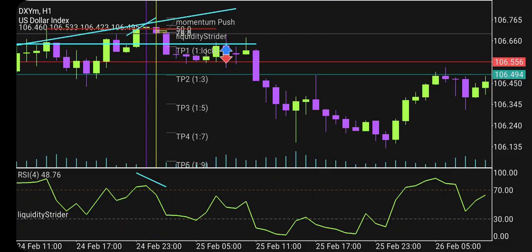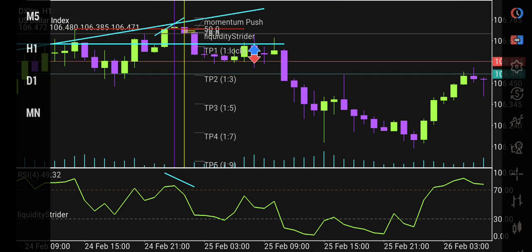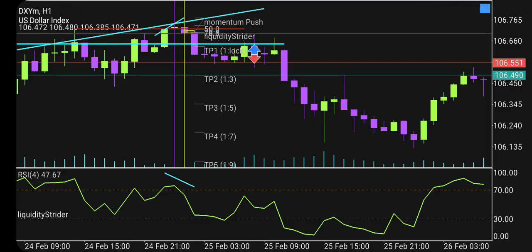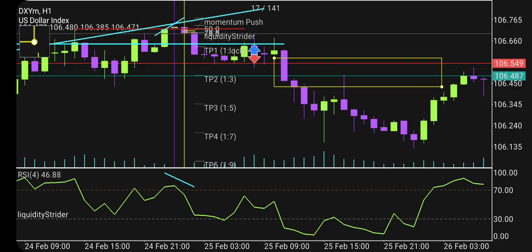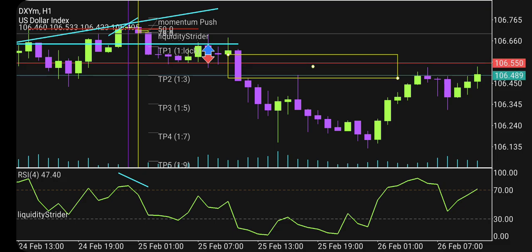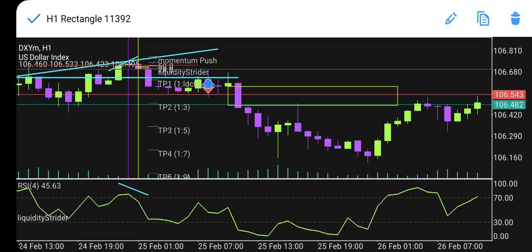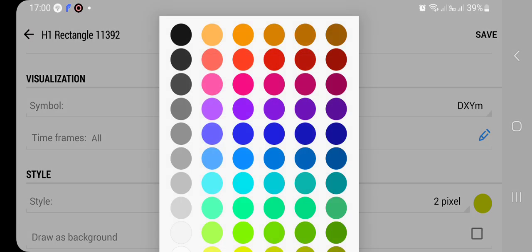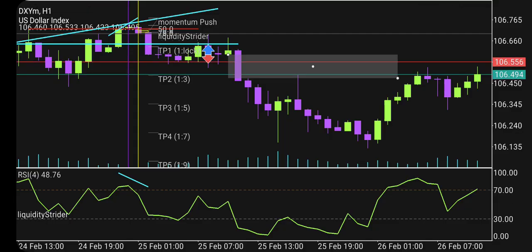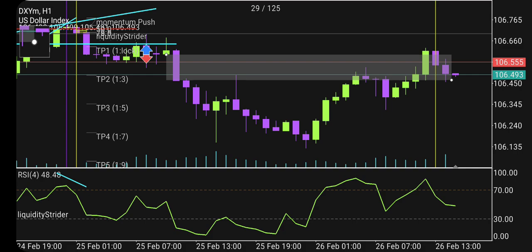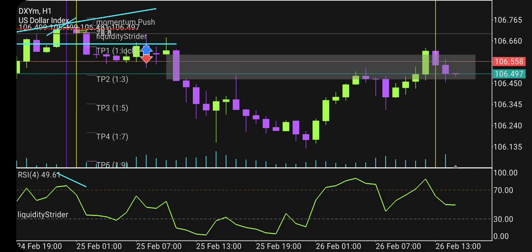Why am I saying this opportunity? Because it is retracing a fair value gap of yesterday. This is a fair value gap of yesterday's fair value gap. As you can see, this is what I'm having.